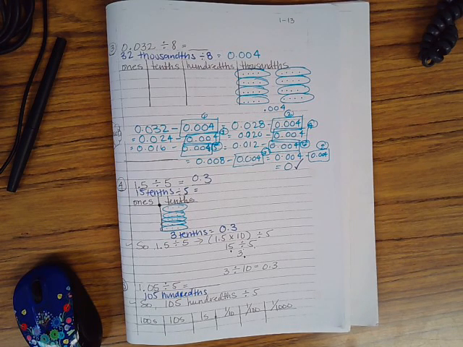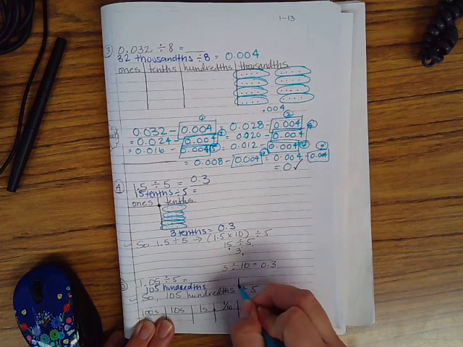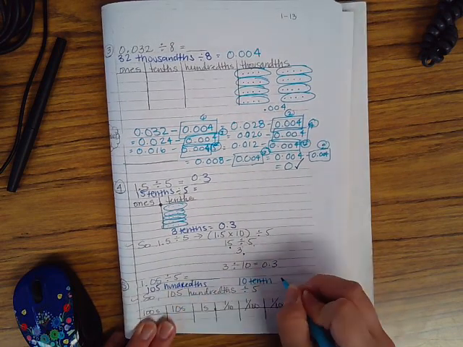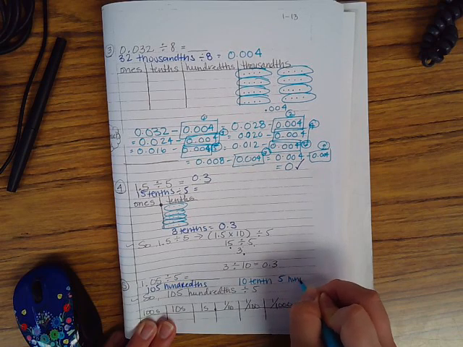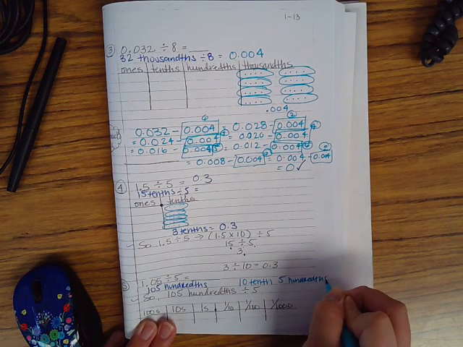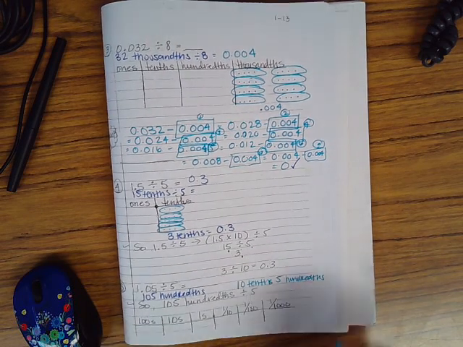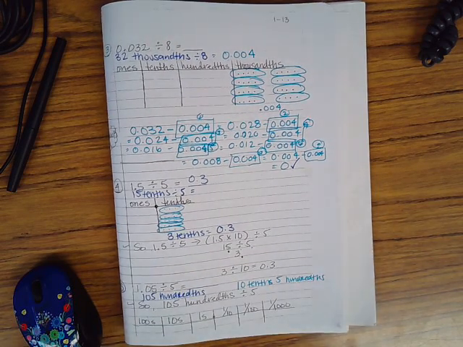So what if I did 10 tenths and 5 hundredths? Is that equal to 105 hundredths? 10 tenths and 5 hundredths? Does that equal 105 hundredths?